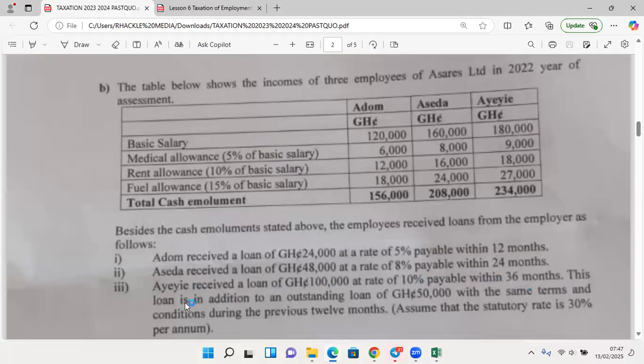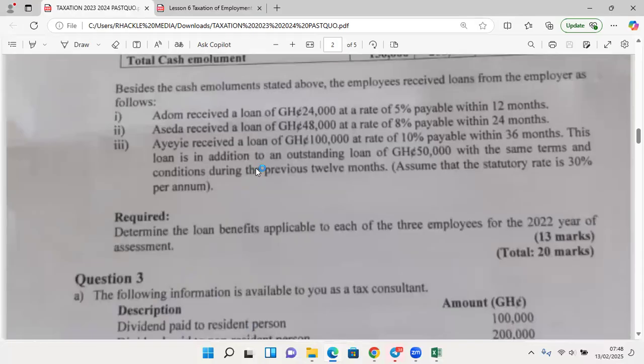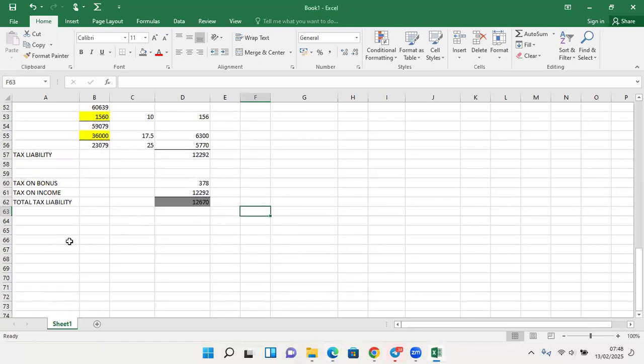This loan is in addition to an outstanding loan of 50,000 with the same terms and conditions during the previous 12 months. Assume that the statutory rate is 30% per annum. And we should determine the loan benefit applicable.